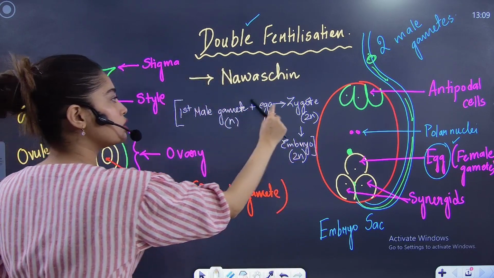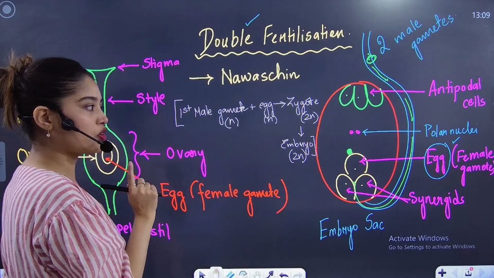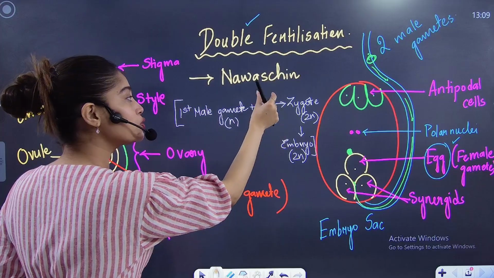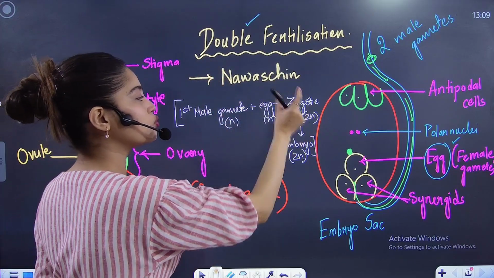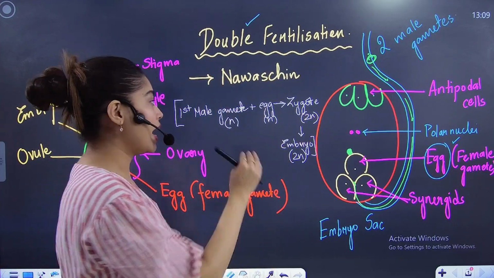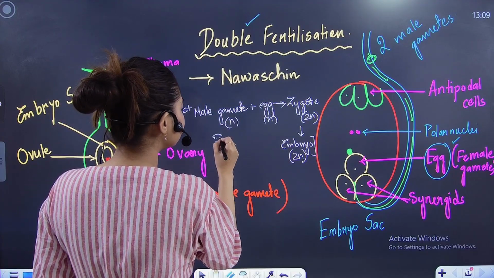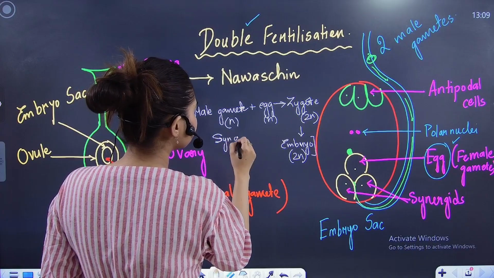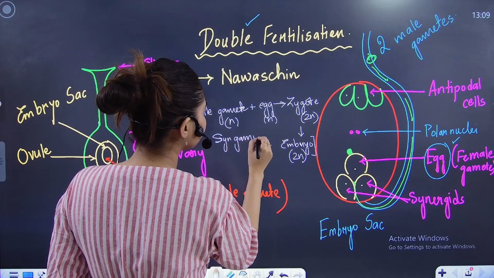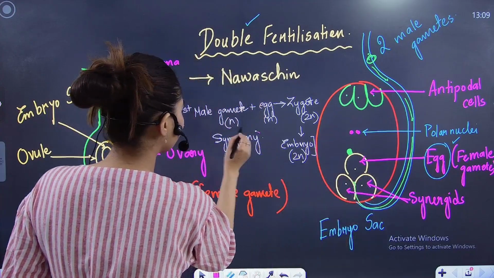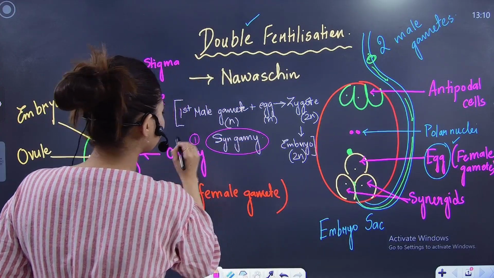So this is the first fertilization process. The first male gamete fuses with the egg cell to give rise to a diploid zygote, and this first fertilization process is known as syngamy.